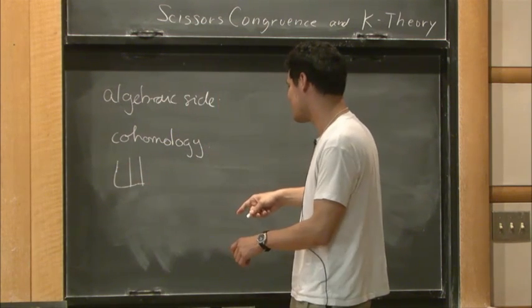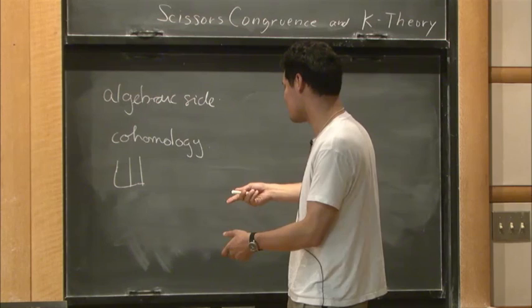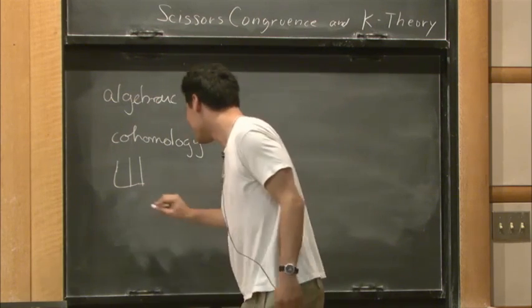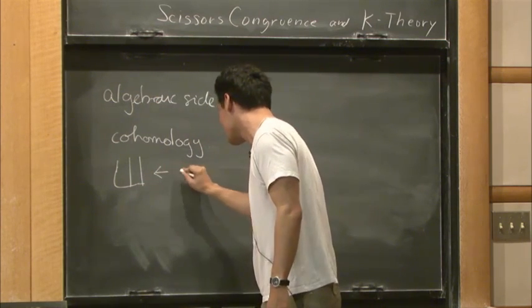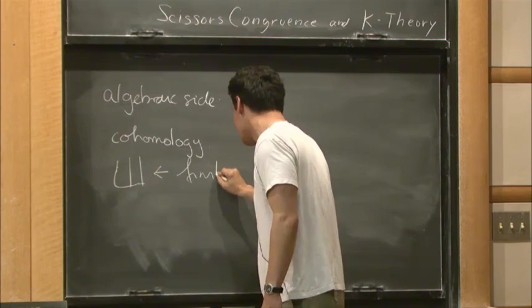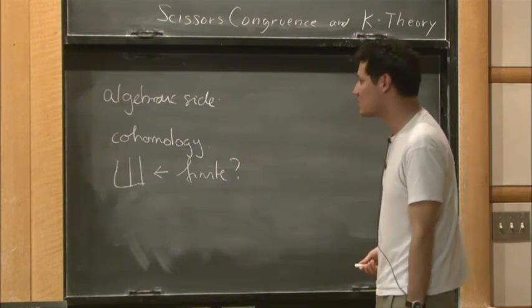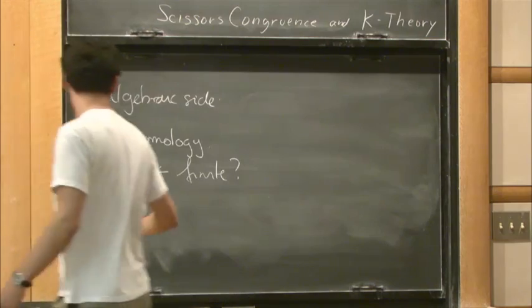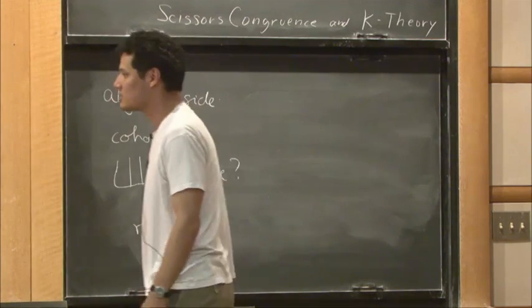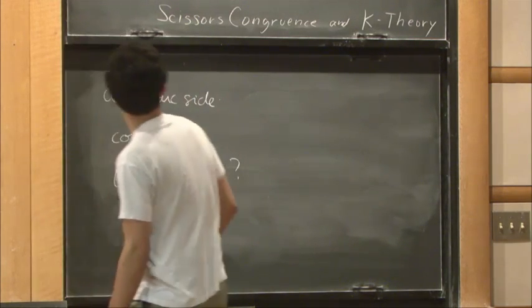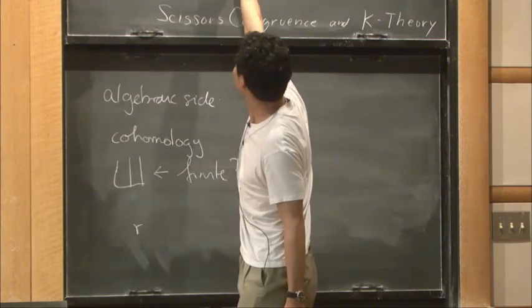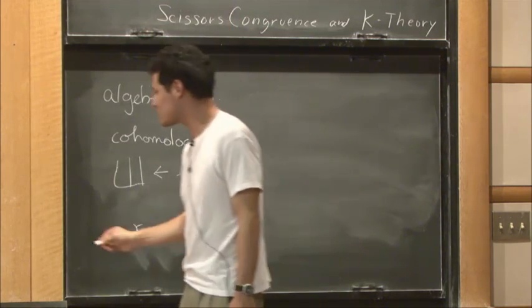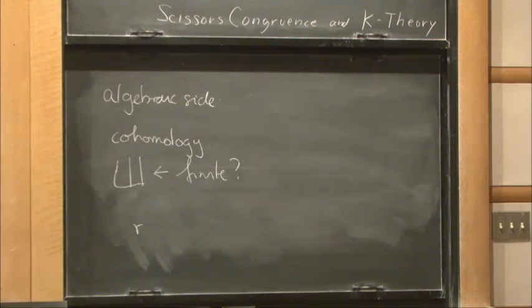I always write the character for mountain. Anyway, it's Sha. We don't know if it's finite, for example. And one algebraic invariant is this r, the rank. And fortunately, the conjecture of Birch and Swinnerton-Dyer conjecturally connects these two worlds together, which are far away.